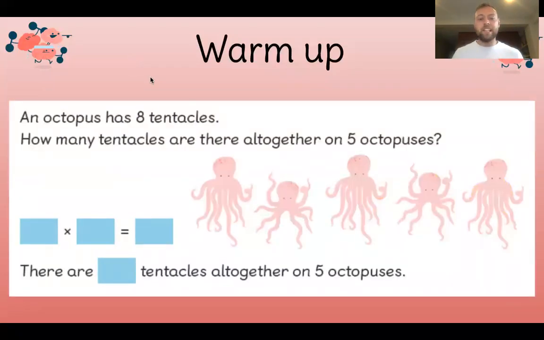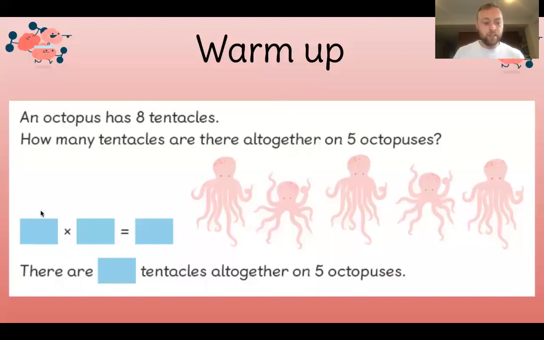An octopus has 8 tentacles. How many tentacles are there altogether on 5 octopuses? Okay, so one octopus has 8. I have 5 octopuses. So let's work out what the answers here should be. We're writing a number sentence using multiplication here.